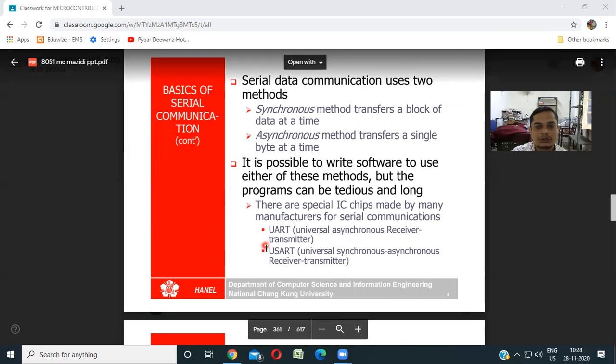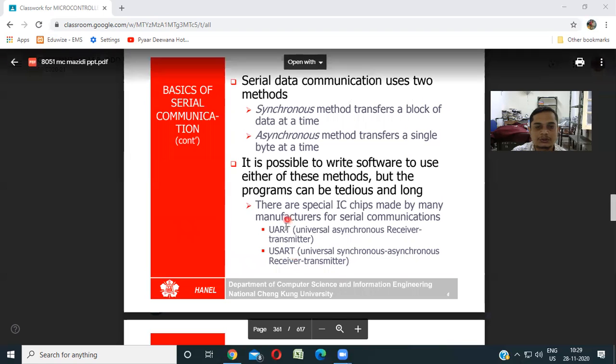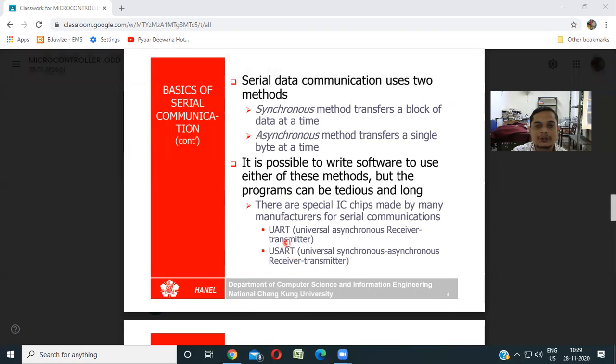One more integrated circuit, which is widely used compared to the UART, is the USART. USART stands for Universal Synchronous and Asynchronous Receiver and Transmitter. So UART is the Universal Asynchronous Receiver Transmitter, and USART is the Universal Synchronous and Asynchronous Receiver and Transmitter. These are the two dedicated ICs manufactured by the companies.